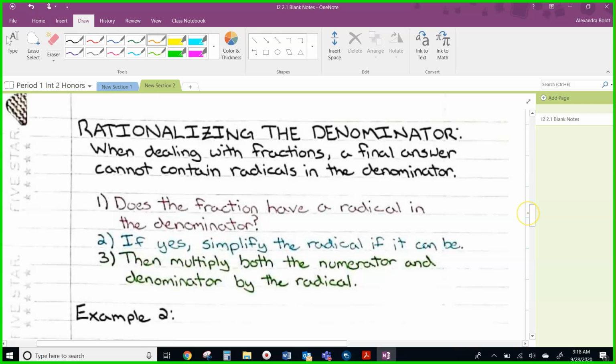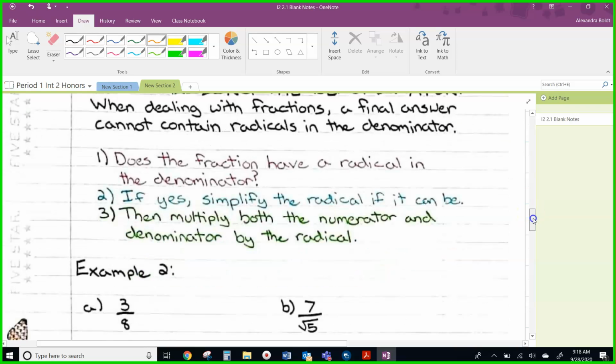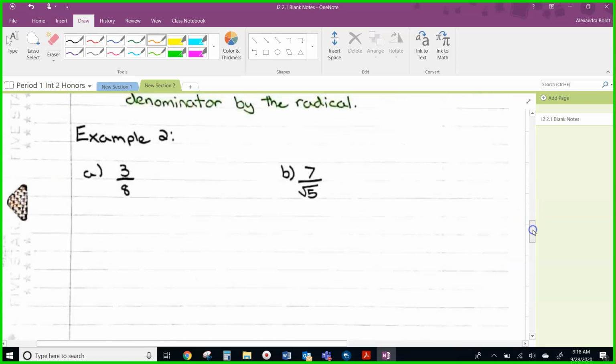So, let's look at what we're doing. Example 2, 3/8. Well, if we look at this first example, right, 8, this is not a radical. So there is no radical in the denominator.